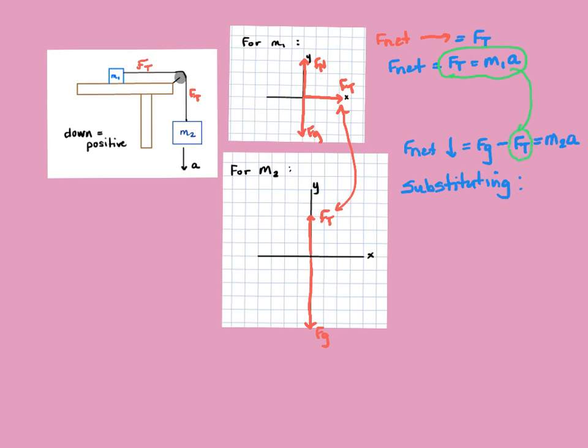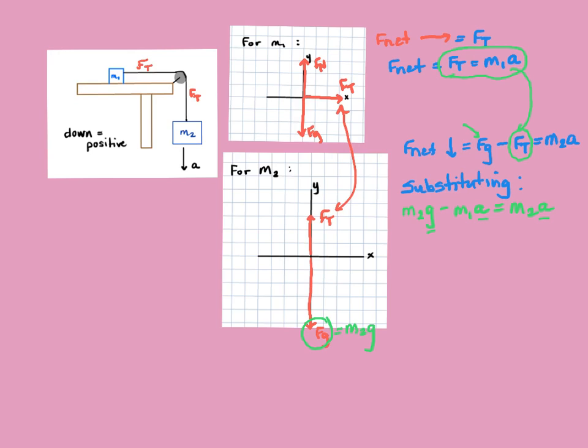We also know that the force of gravity for mass 2 is mass 2 times G. So what I've got now is M2G minus M1A equals M2A. So we've accounted for mass 1 and mass 2. Remember, these accelerations are the same, and G is just your acceleration due to gravity.